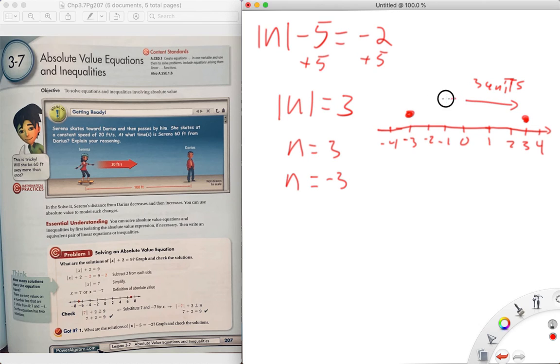I'm going 3 units to the left. And the center in this case is going to be 0. And the reason why the center is 0 is because n is all by itself right now. So since n is all by itself, that tells me that the center is 0. That's not always the case. The center will not always be 0 when we graph these things, and we'll have examples of that post haste.